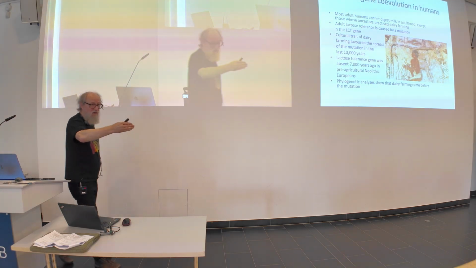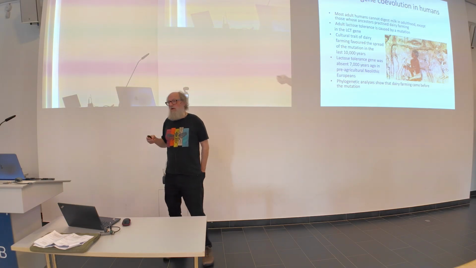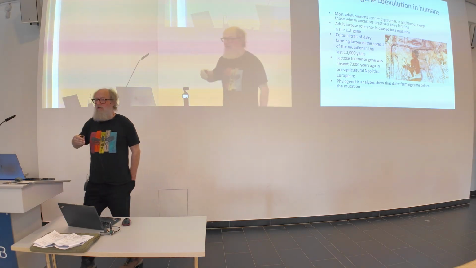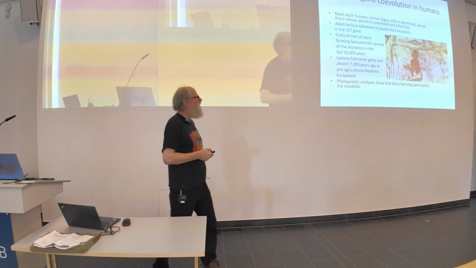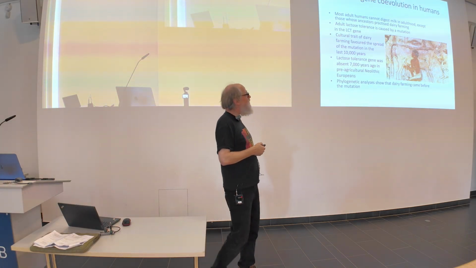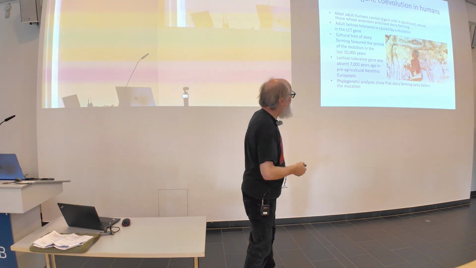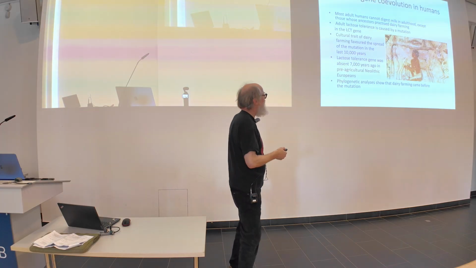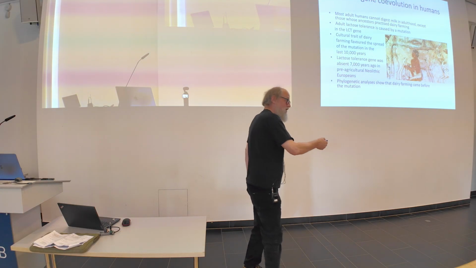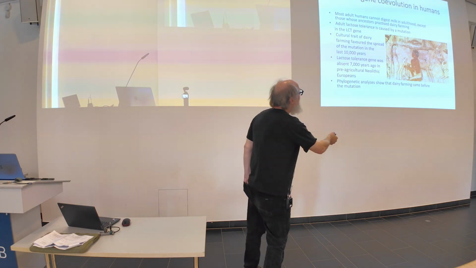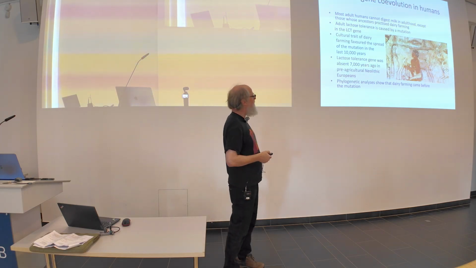On the other hand, there are clear examples in the human case of cultural innovations having an effect on genetic evolution. And one example is lactose tolerance in adults. So I like this historic Egyptian depiction of milking a cow, in part because it shows that you can actually leave the calves with the cow, and then actually that promotes milk production to some extent.